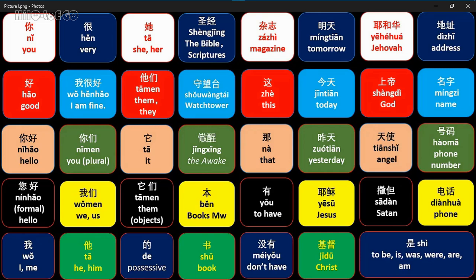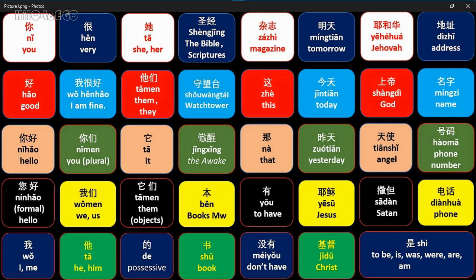Do you have a phone? 你有电话吗？ Again, do you have a Bible? 你有圣经吗？ So you see, we're starting to create several characters and phrases from what we have learned today.